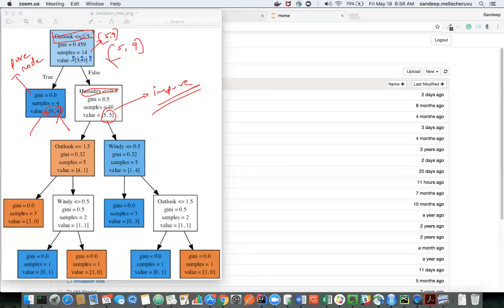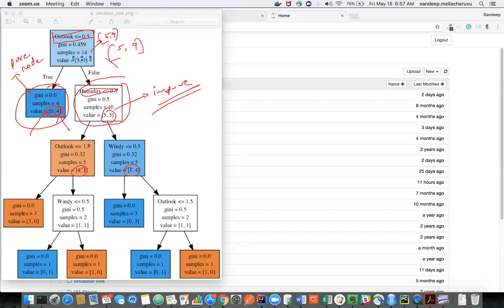Based on outlook, in this branch I got a pure node. In this other branch, I did not get a pure node, so I tried to split by humidity. Once I split by humidity, again on true as well as on false, I did not get any pure nodes at all.